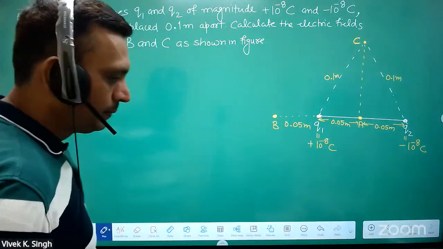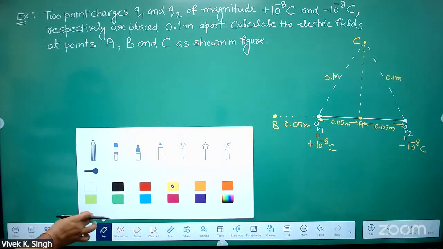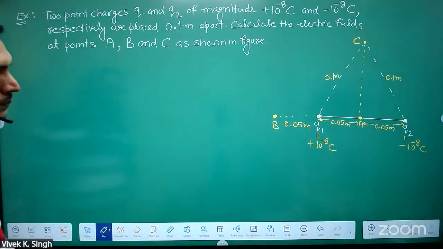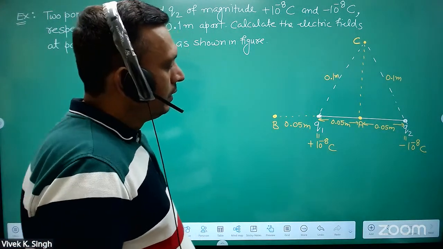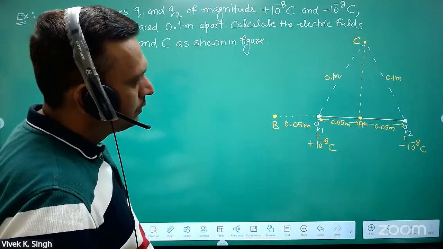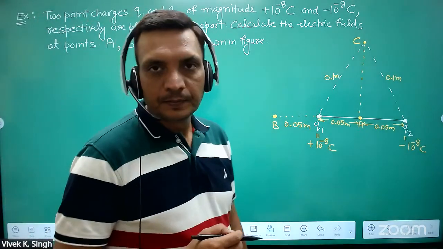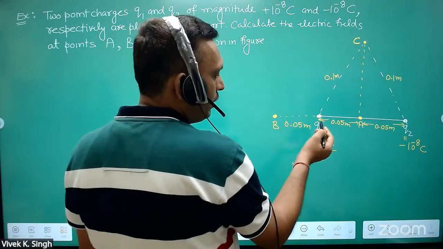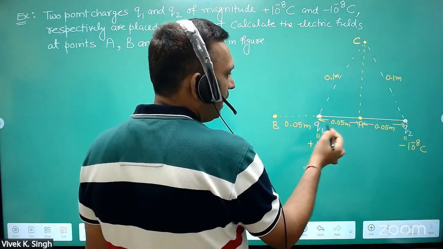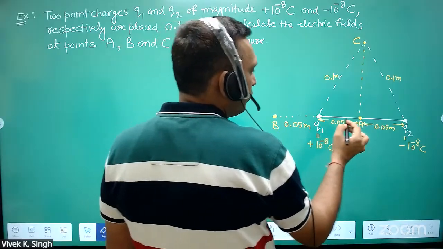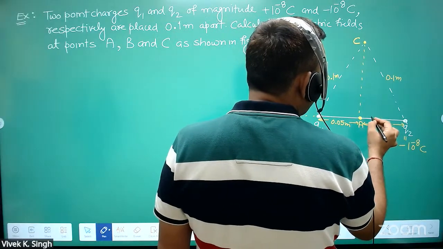Let's calculate. Try to find the electric field. So you have to find the field due to each individual charge. What will be the electric field due to Q1 at point A? This field will be in this direction.